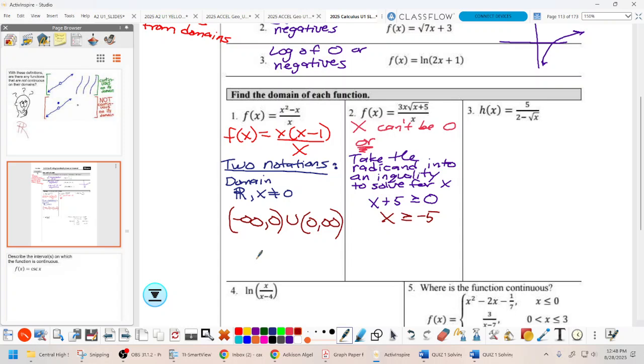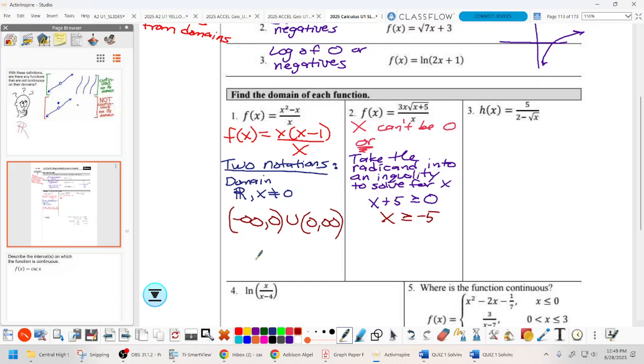How do we write this? It can't be 0, and also it has to be greater than -5. But if we just wrote greater than or equal to -5, that captures 0, doesn't it? So how do we fix that? Do we start with negative infinity?